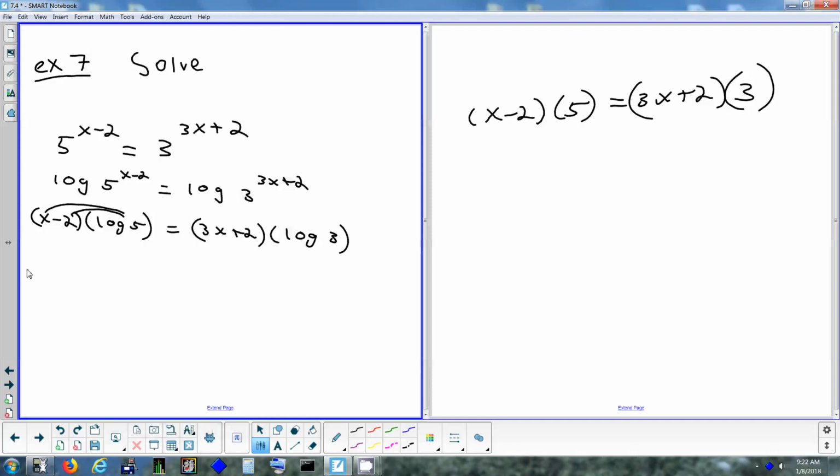So let's multiply that out. So we get log 5 times x minus log 5 times 2. And do the same thing on the other side. We're going to get 3x log 3 plus 2 log 3.